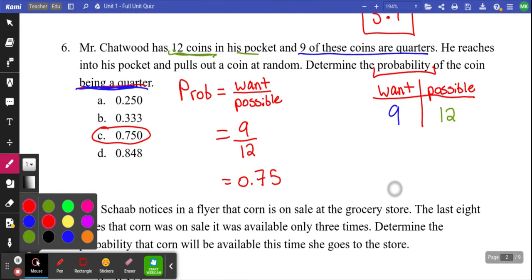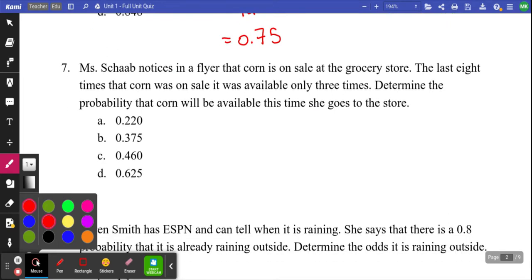Awesome. Number 7. Miss Schaub notices in a flyer that corn is on sale at the grocery store. The last 8 times that corn was on sale, it was available only 3 times. Determine probability that corn will be unavailable this time she goes to the store. Probability is what I want divided by what's possible.